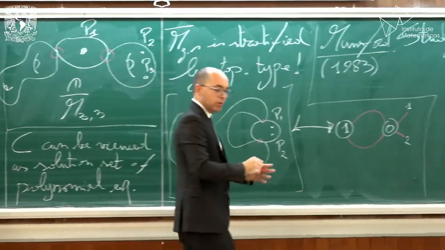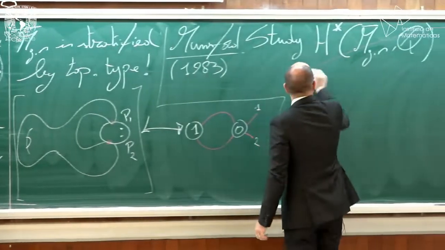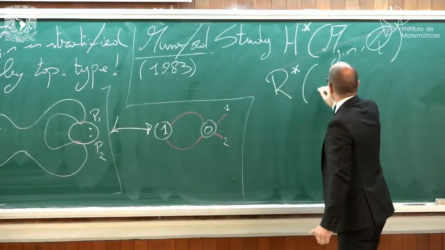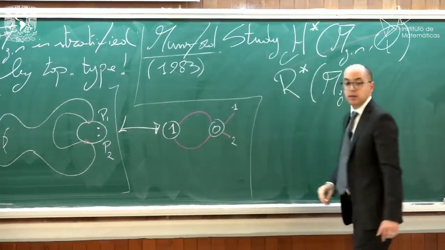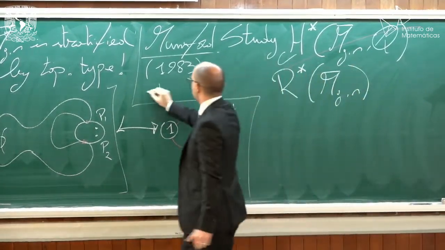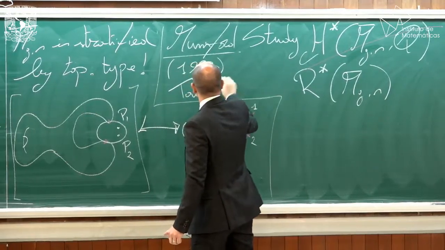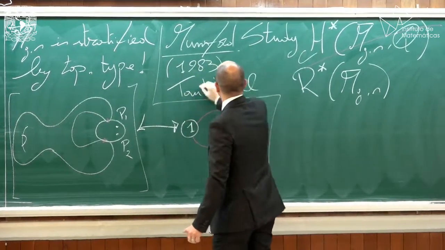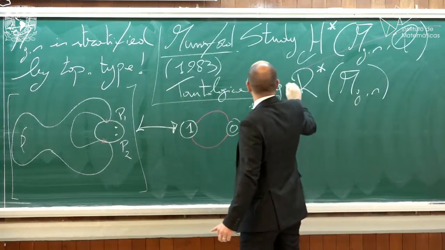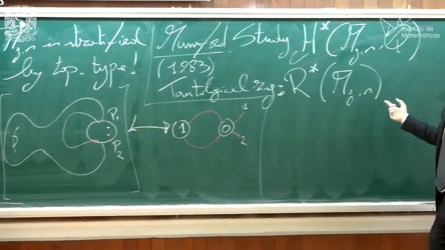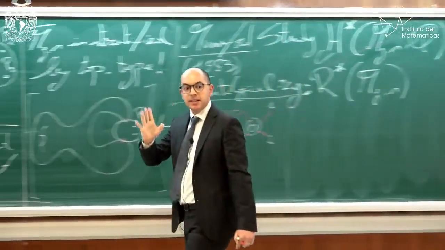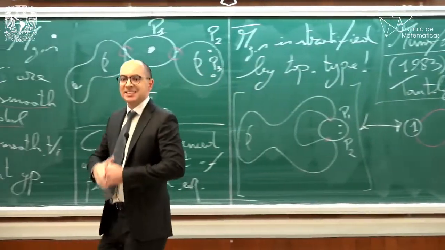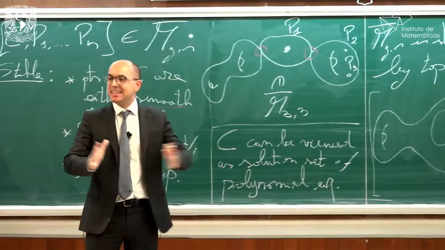He suggested to reduce the problem to something else, and namely, he suggested to look at a subring, which he called the tautological ring. Okay, what is the advantage here? The advantage is that this subring is given as the subring generated by an explicit list of generators.